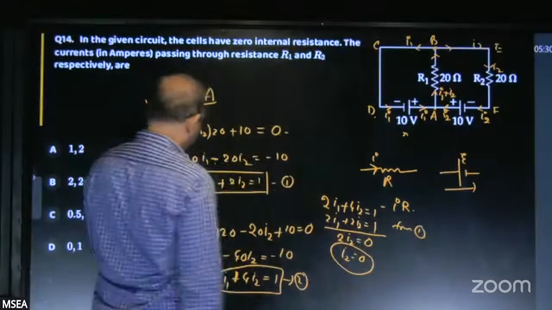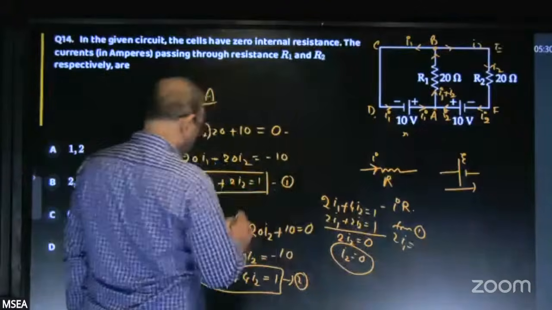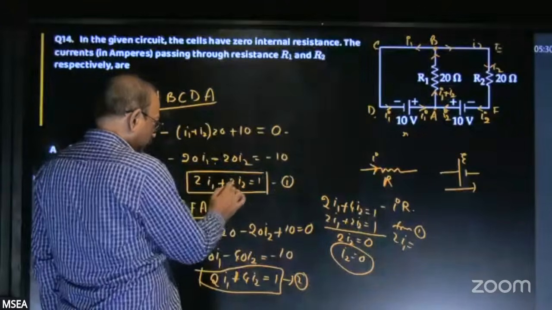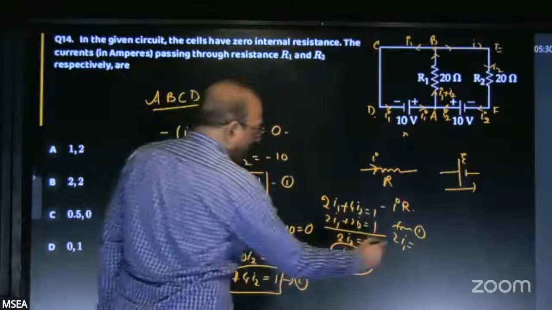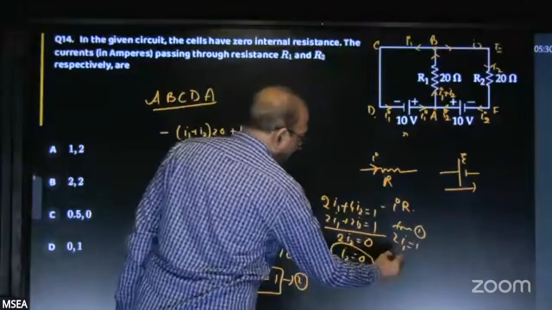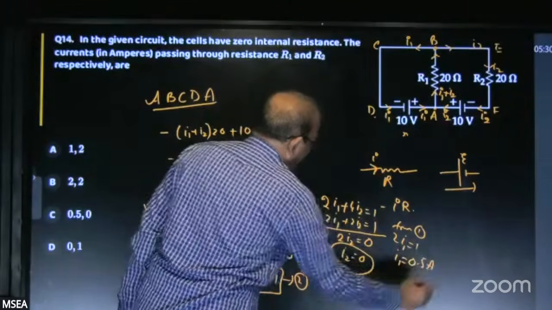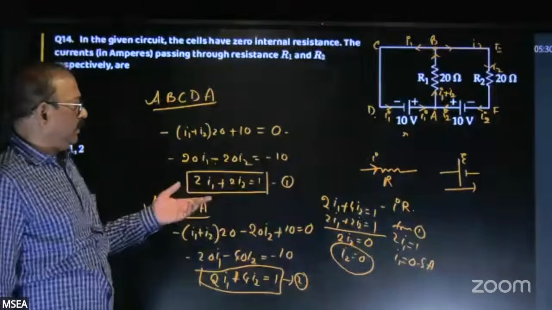From the first equation, 2I1 is equal to 1. That means I1 is 1 by 2, 0.5 ampere.